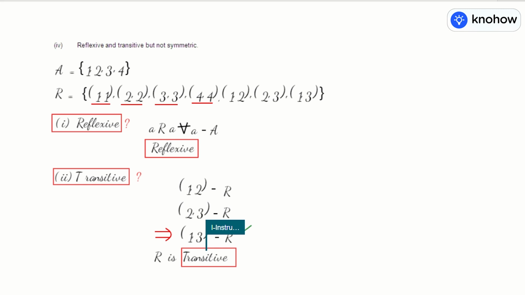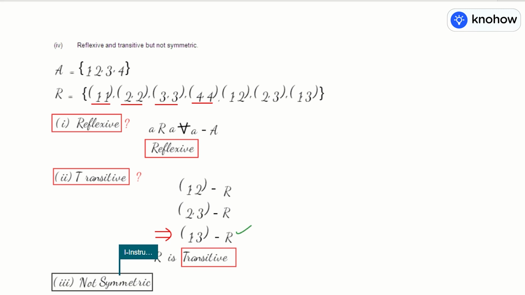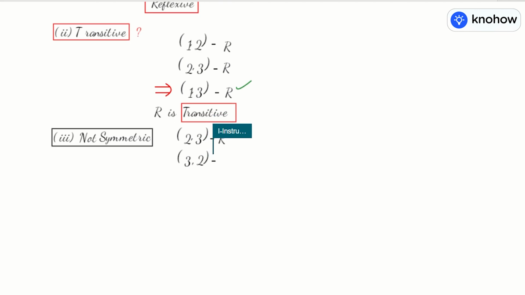Now finally, let me prove that it is not symmetric. Let's check it is not symmetric. For that, you find that (2,3) is an element in the given relation. For symmetry, (3,2) should also be there. But is (3,2) there? No. (3,2) does not belong to R. And hence the given relation R is not symmetric.